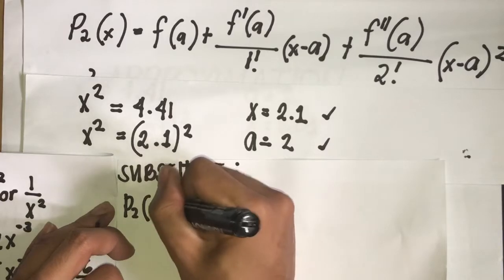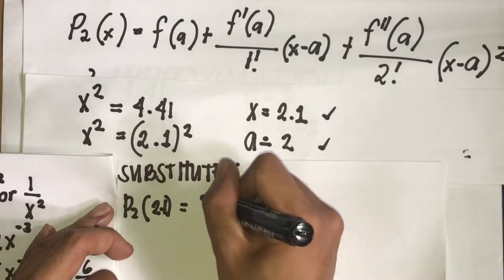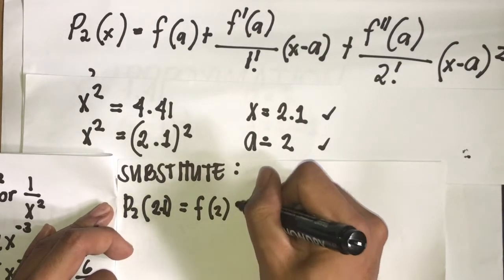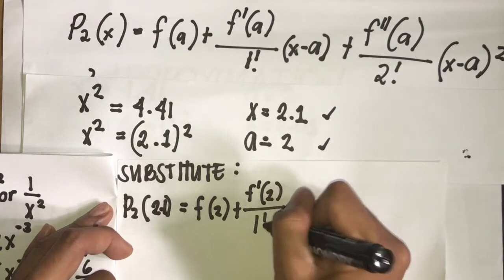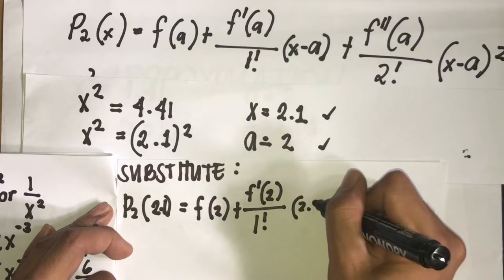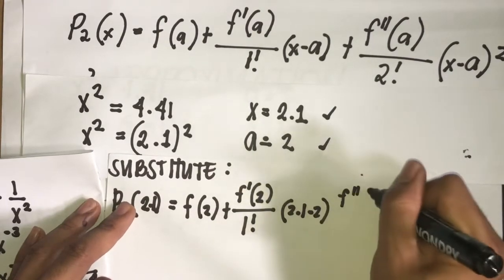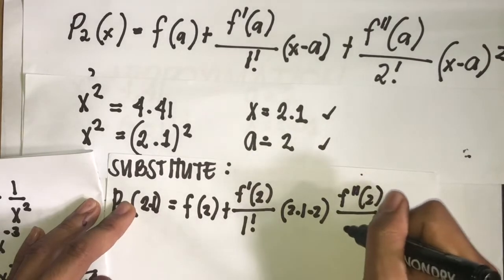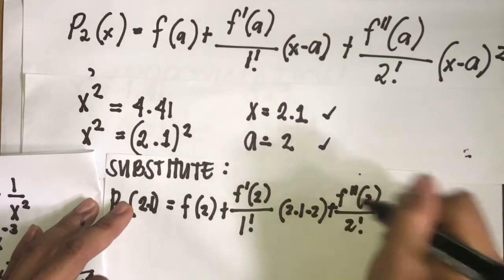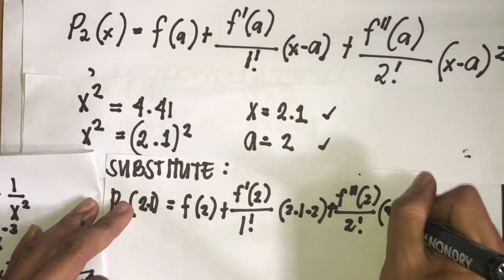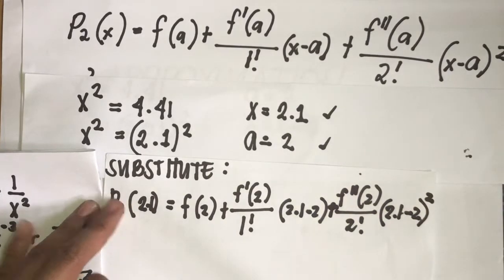That's going to be p subscript 2, substitute the x value, 2.1, is equal to f of the value of a, that's 2, plus the first derivative of 2 over 1 factorial times the quantity 2.1 minus 2, plus the second derivative of 2 over 2 factorial, and there should be a plus sign here, sorry for that, times the quantity 2.1 again minus 2 squared.